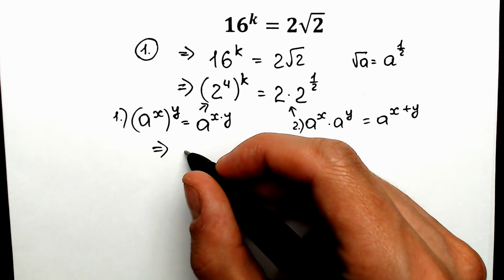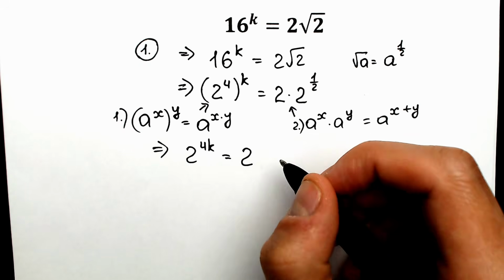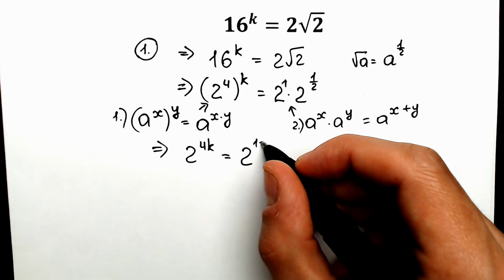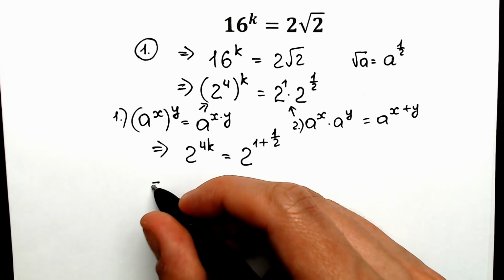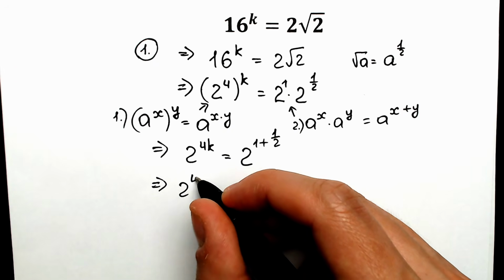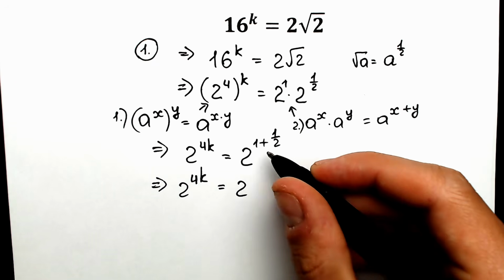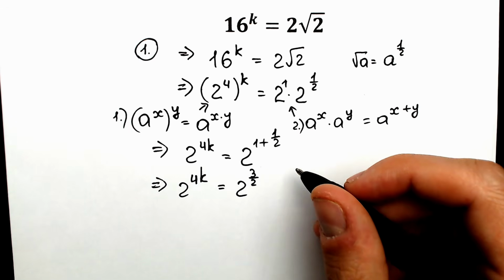So we have 2 to the power 4k equal to 2 to the power, right here we have 1 by default, so 1 plus 1/2 according to this property. Right now let's simplify it. We have 2 to the power 4k equal to 2 to the power 1 plus 1/2, equal to 3/2. Right now let's solve it.